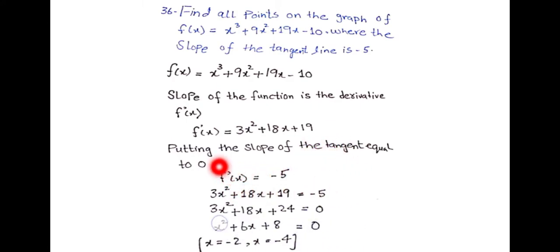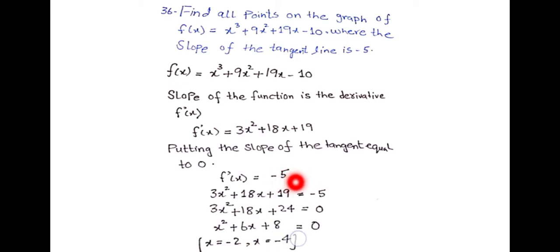By simplifying and factorizing, in 3x^2 + 18x + 24 we take 3 common, and then divide both sides by 3, and the 3 cancels out, and we get x^2 + 6x + 8.